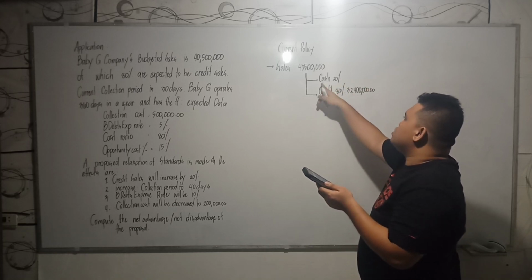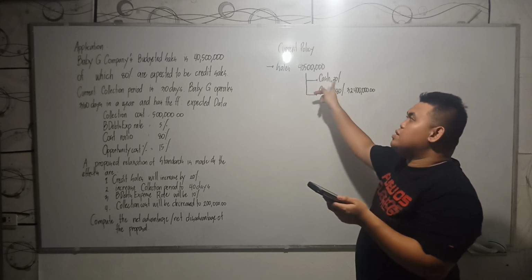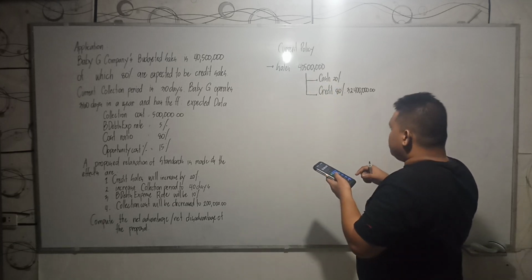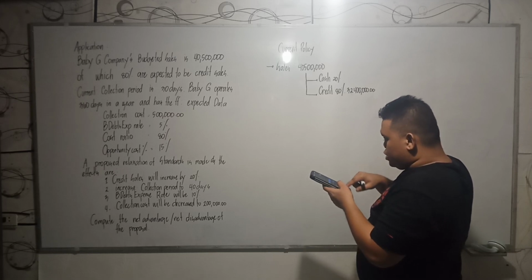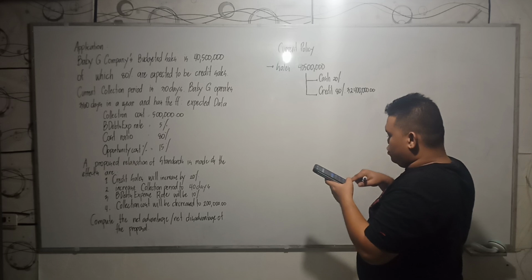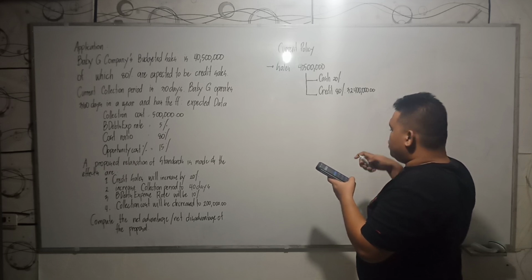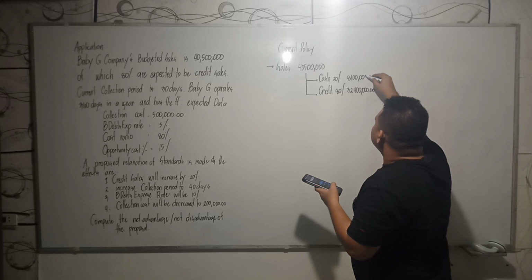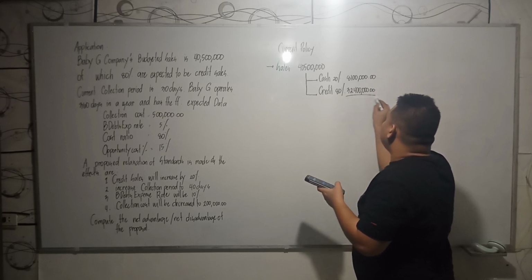Even though for me, this is not really important in the accounts receivable management and our problem. So, let's just compute 40,500,000 times 0.20 and you have 8,100,000. So, we are interested in this figure only.